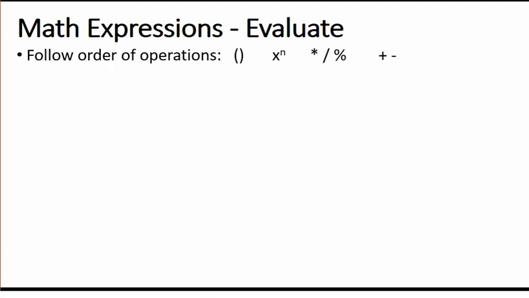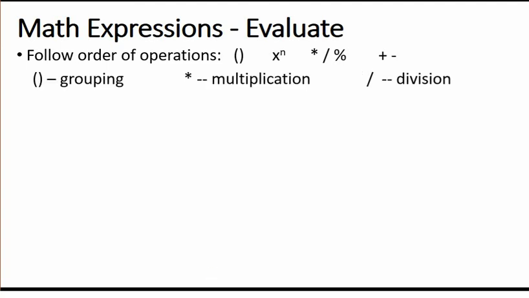Now I'm going to talk about math expressions. We have some very special operators here. Now, these are very familiar to you guys, especially from your math and algebra classes. Please excuse my dear Aunt Sally. Our compiler will pretty much follow the same order of operations that we follow in math.